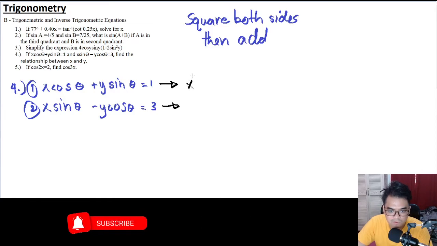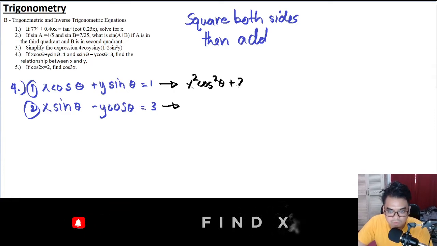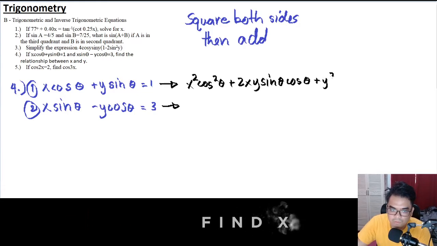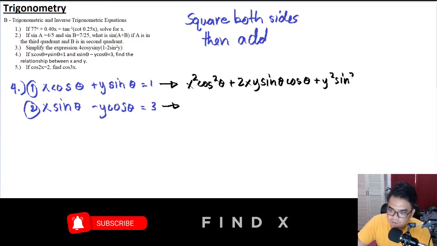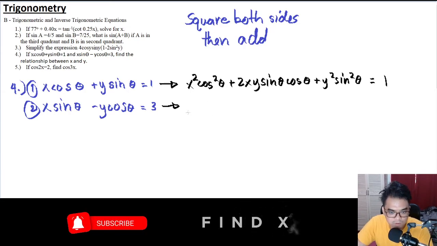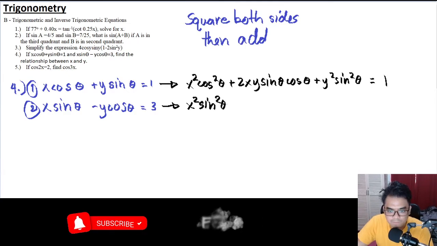You'll have x squared cosine squared theta, plus 2xy times sine theta cosine theta, then plus y squared sine squared theta. And then also square the right side, which is 1. So 1 squared is just 1. For the next one, again, x squared sine squared theta.